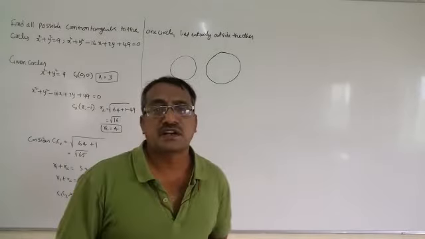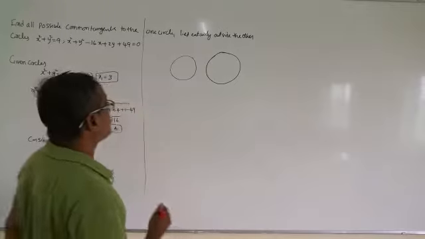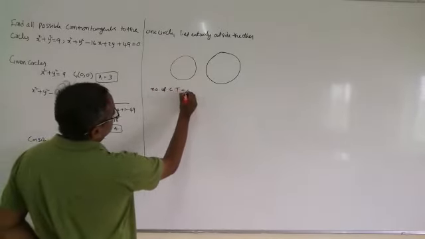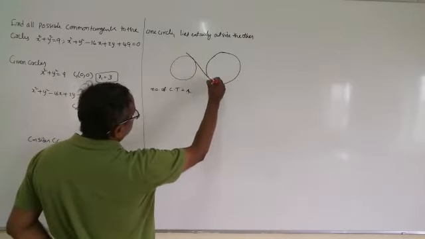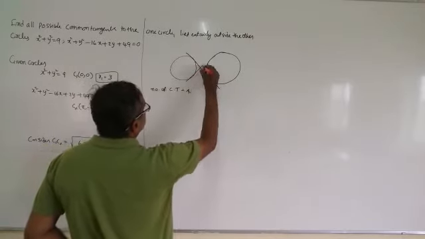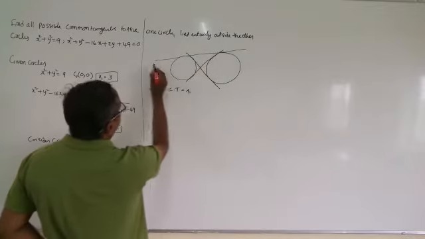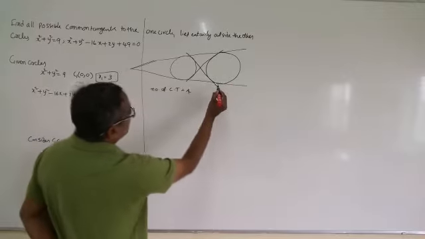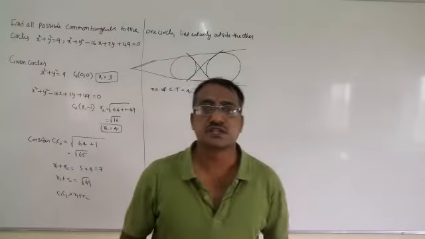In this case, the number of common tangents is 4. So the number of common tangents is equal to 4: 2 transverse common tangents and 2 direct common tangents. So we have to find a total of 4 common tangents to these circles.